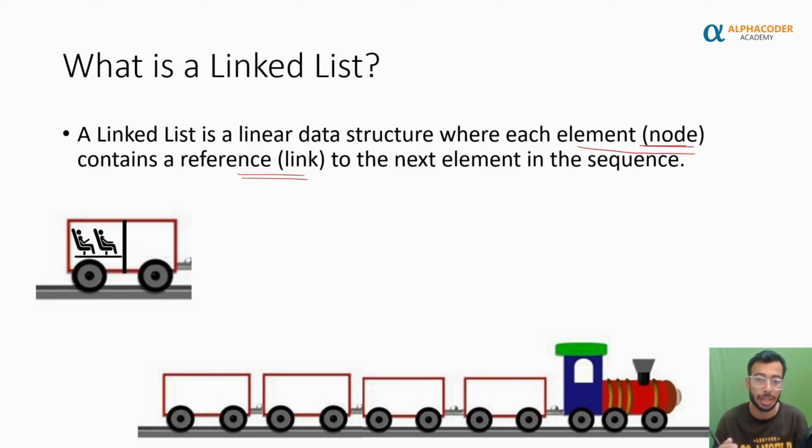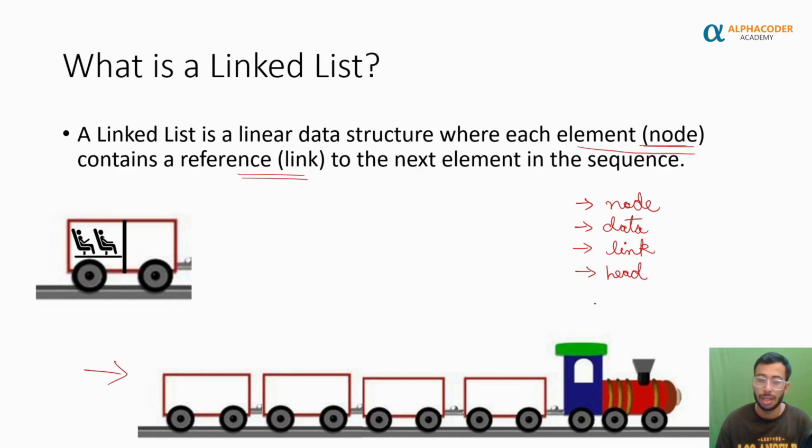Now I assume that most of you have traveled in a train. If you see the train on my screen below, there is an engine, or you can say the head portion in the front, that ultimately drives the train. Similarly, in a linked list, we have these concepts: first is the node, second is the data, third is the link or reference, whatever you want to call it, and the fourth is the head.